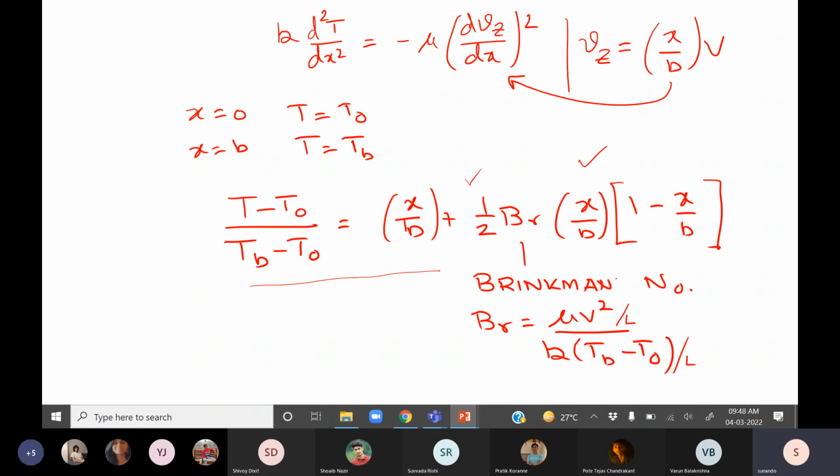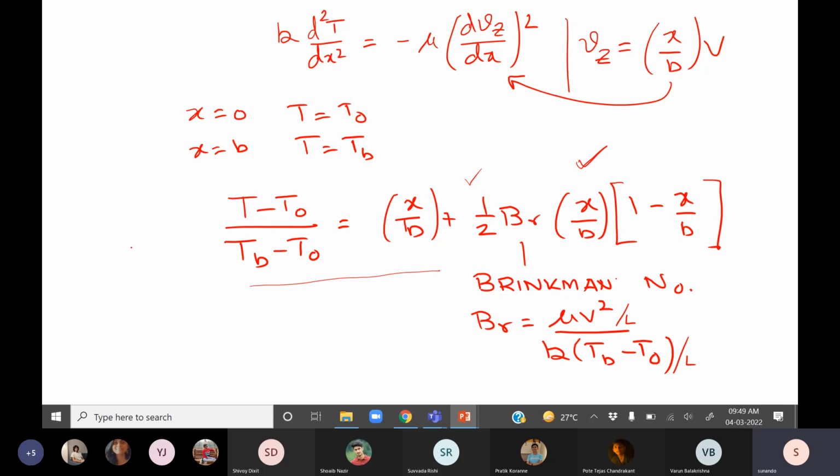If the Brinkman number is small, the denominator is large or the numerator is small, and therefore small values of Brinkman number signify that viscous heating is not important in a system. If Brinkman number is very small, you could drop the entire second term and treat it as a conduction only problem. So that part is now clear.